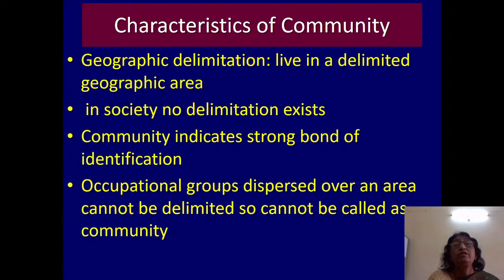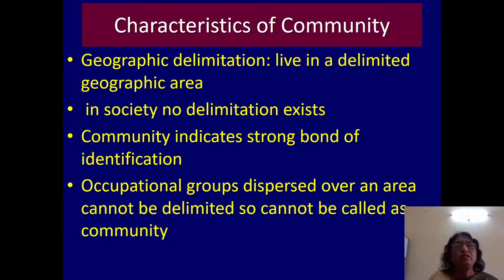So the characteristics of the community: they have a boundary, a geographic delimitation, whereas in society no delimitation exists. The community indicates a strong bond of identification. Like in a village, they say that it is their village. That is how the community sees that they have a strong bond of identification.